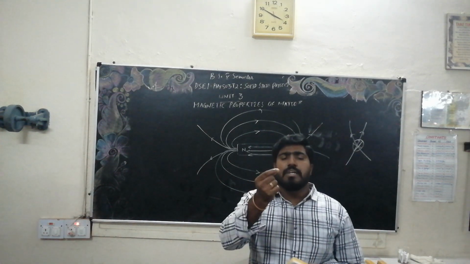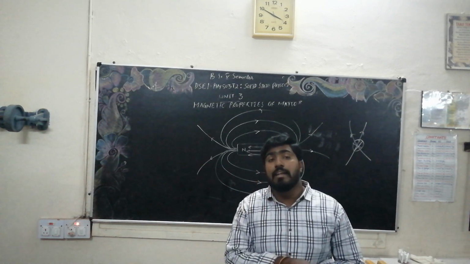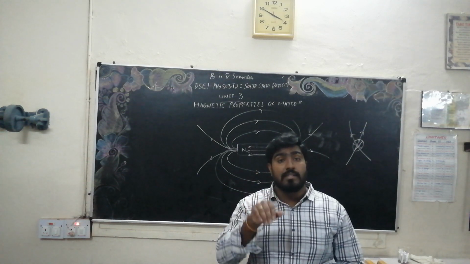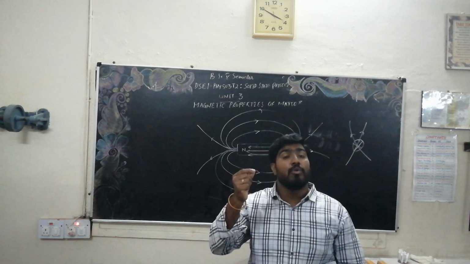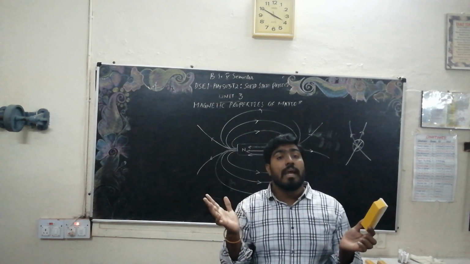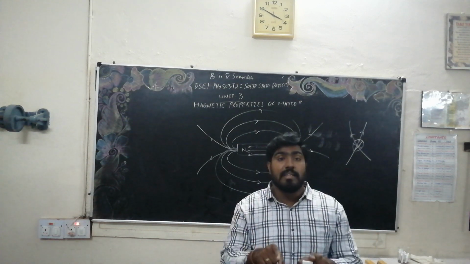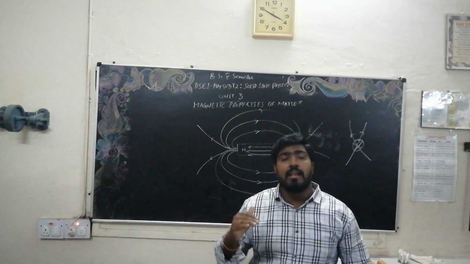So, each atom should possess a magnetic moment. Like this, there are several atoms, and each atom should possess the magnetic moment. We have to get the net magnetic moment of the overall material. That we shall talk about at what we call the atomic scale level.